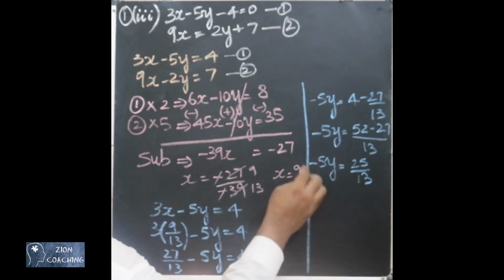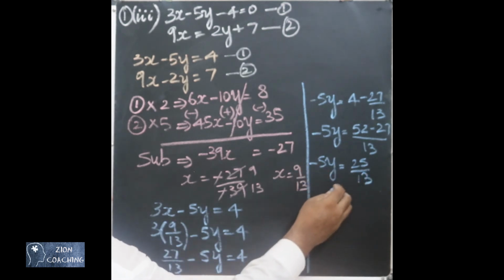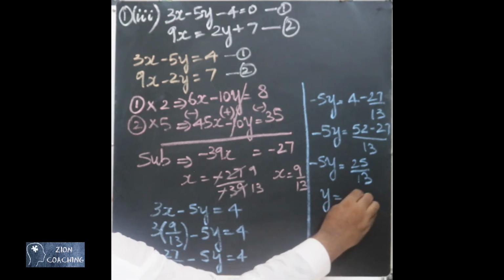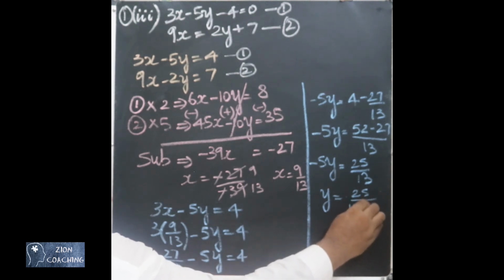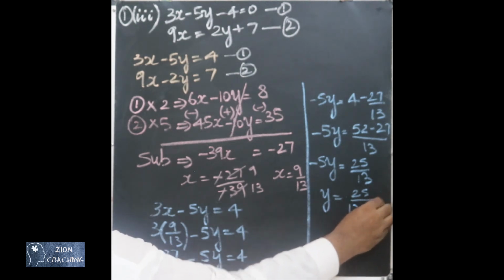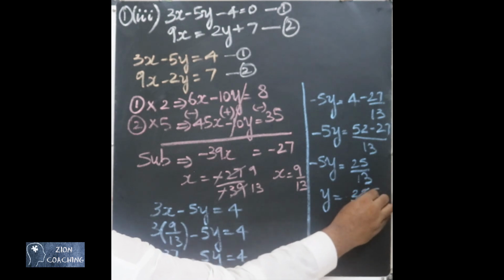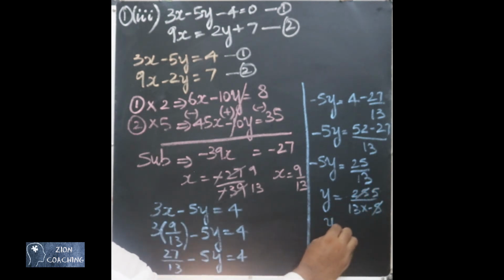When you take this minus 5 to the other side, you are going to have y is equal to 25 by 13 into minus 5. Now when you cancel 5 times, so your y value is going to be minus 5 by 13.